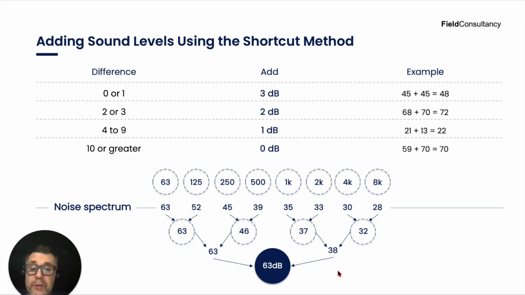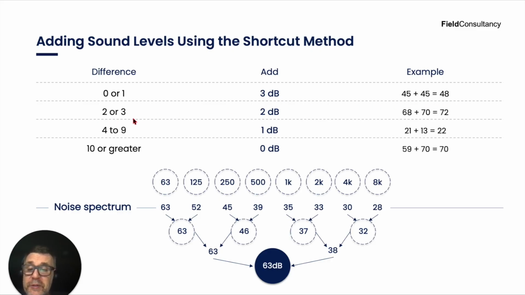If you have two sound pressure levels that are 0 or 1 decibel apart, then you add 3 dB to get the overall sound pressure level. So going back to that first example, a 45 dB source plus a 45 dB source equals 48. Similarly, if you had a 45 decibel source plus a 46 decibel source, you'd still add 3 dB, which would equal 49 dB.